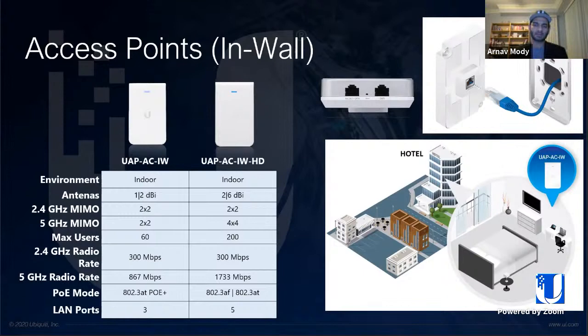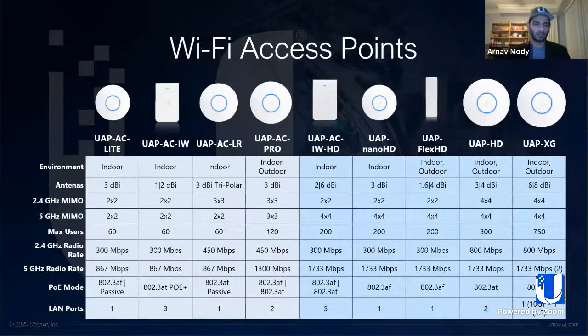They fit straight into your wall socket, and as you can see here, you get all the devices you need to put it into your wall socket and connect it. These are very commonly used in hotel settings, in bedroom settings where you don't want a ceiling mount or you can't ceiling mount it. In this case, the in-wall and the in-wall HD are pretty popular access points.